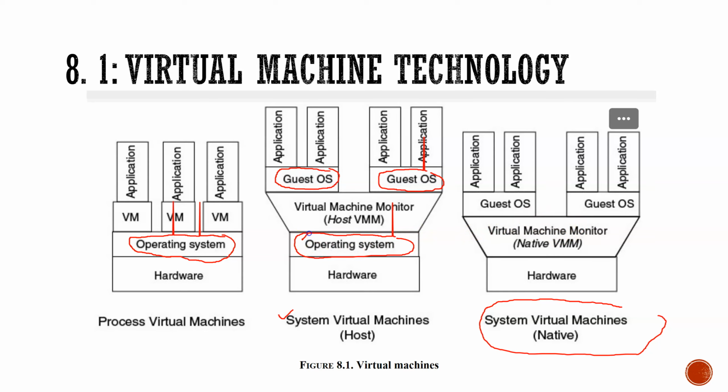So this one has an underlying operating system, but the native virtual machine runs directly on the physical machine, and you may have one or more guest operating systems also running on this system virtual machine.